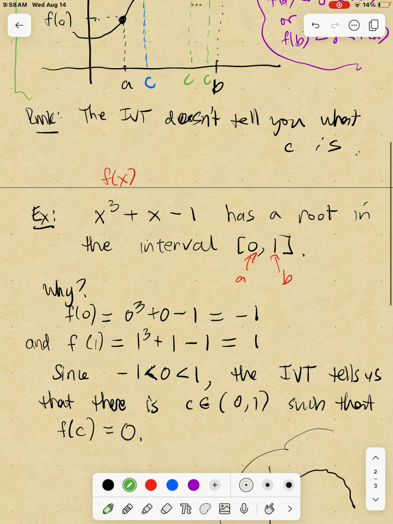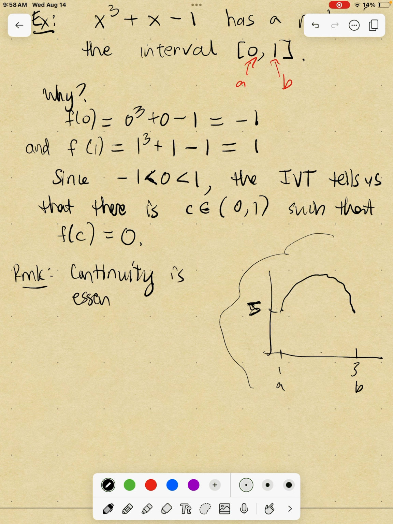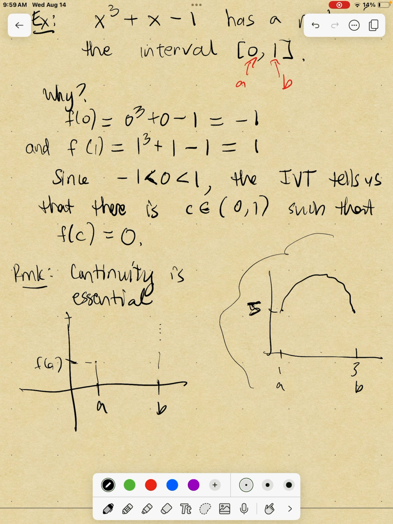Okay, and now one other remark I should make is that the continuity condition is essential, because otherwise you can have a and b, and f of a, let's say it's here, and then f of b is here.